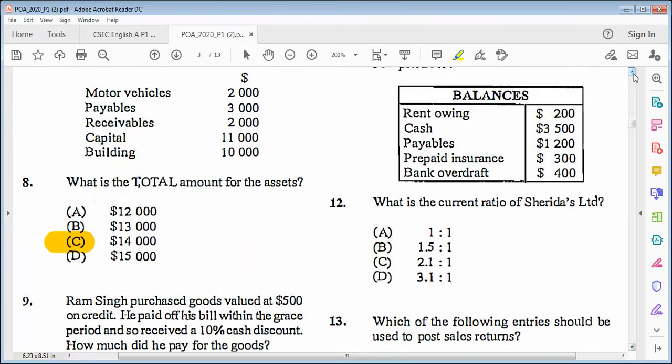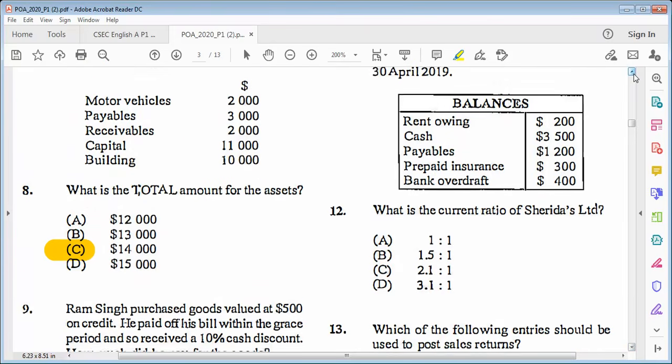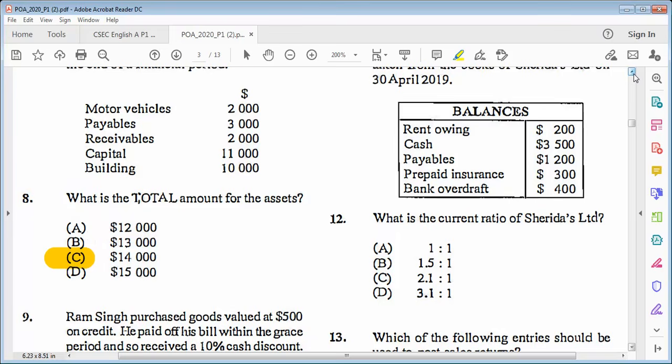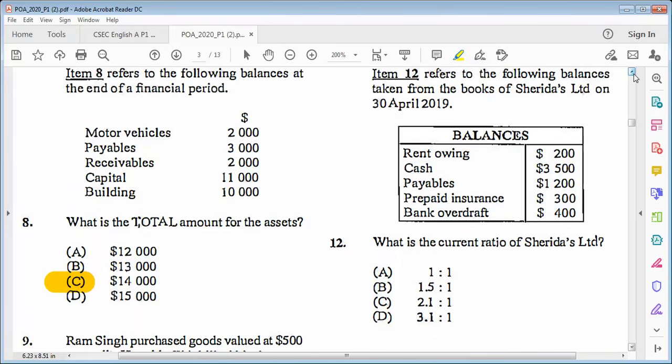Cash, we have $3,500. Payables, we have $1,200. And prepaid insurance, we have $300. And bank overdraft, we have $400. The question says, what is the current ratio of Sheridas Limited?